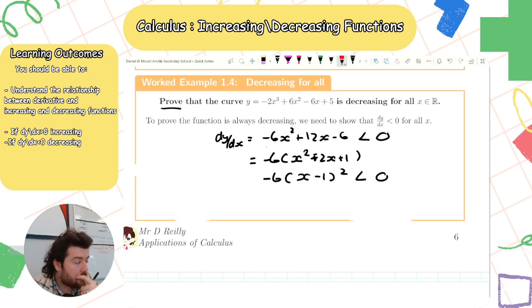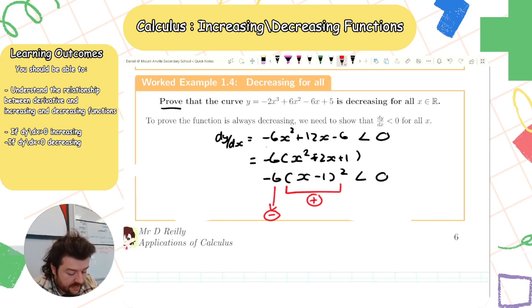Now I need to comment on it. I know x minus 1 squared will always be positive because anything squared is positive. But then I'm multiplying it by a minus number, and minus by a positive is a negative number.